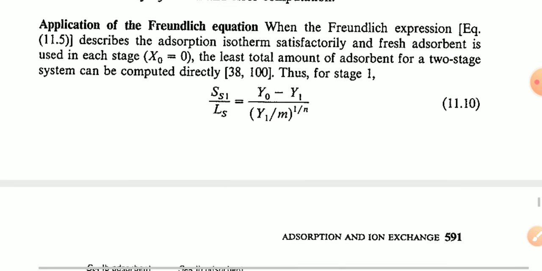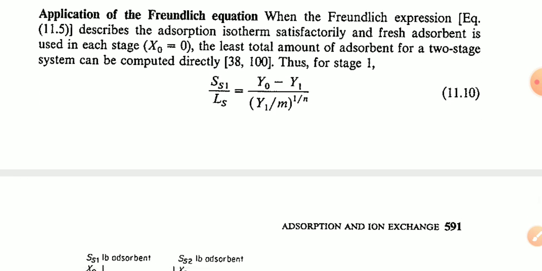Now the applications of the Freundlich equations are for multi-stage cross current operations. We do not have to see counter current, only Freundlich equations for single stage and multi-stage cross current operations. Now, when the Freundlich expression, Equation 11.5, which we have already seen, describes the adsorption isotherm satisfactorily and fresh adsorbent is used in each stage, X0 is equal to 0.